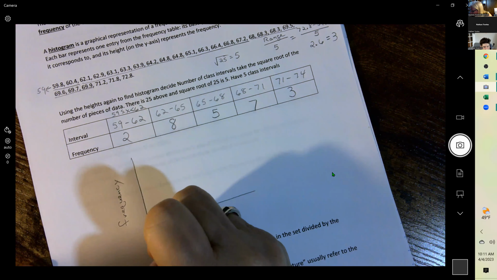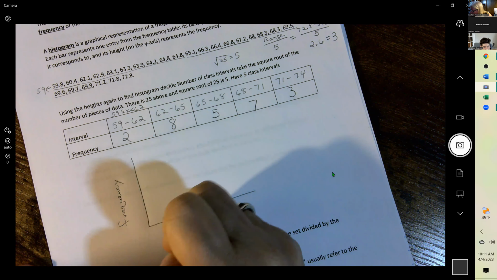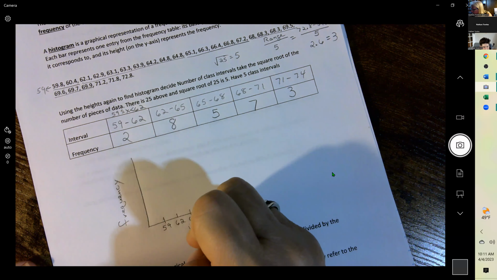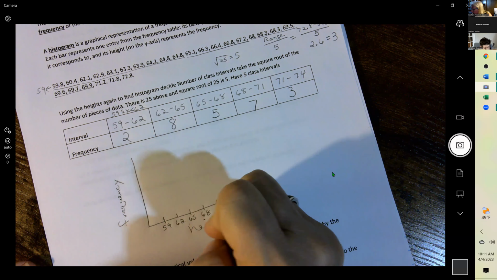So it starts with 59, 62, 65, 68, 71, and 74. I'm going to count by twos for the frequency. Really only needed to go up to 8.